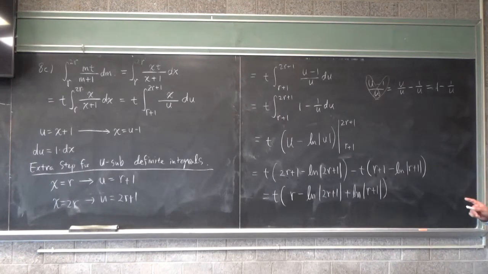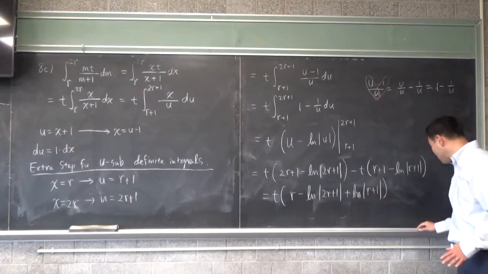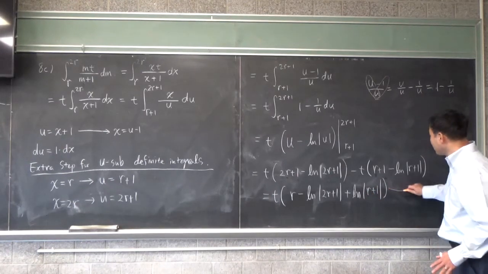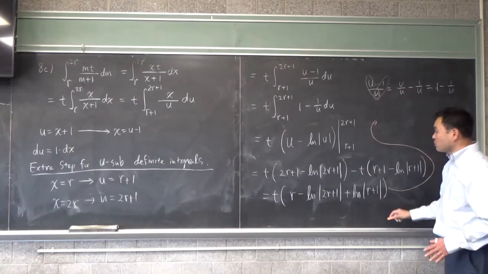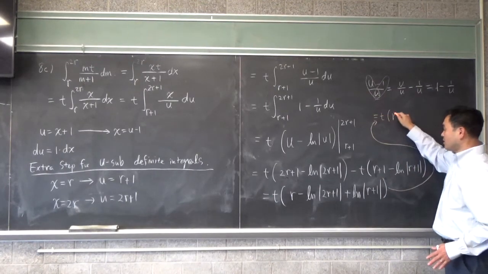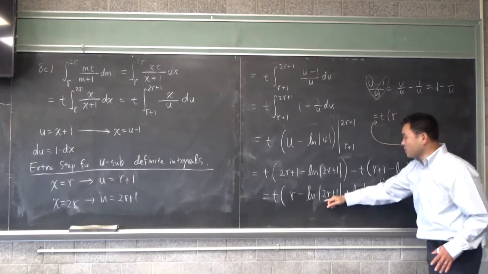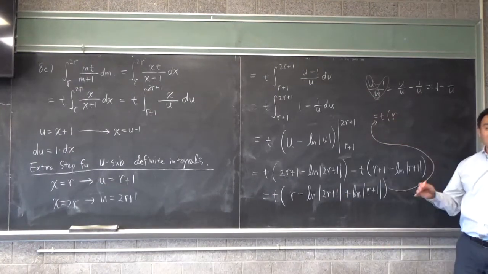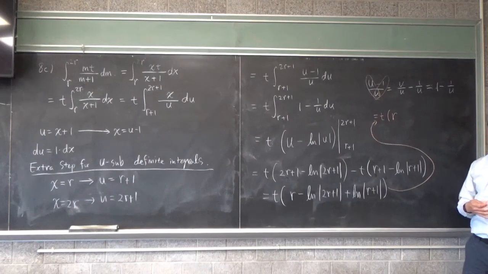So that's the answer. Now, this will be full credit, but let me just say one more thing. If you want, you can further rewrite this as t times r, and this is plus, that's minus. You know the rule for log A minus log B? What is that?